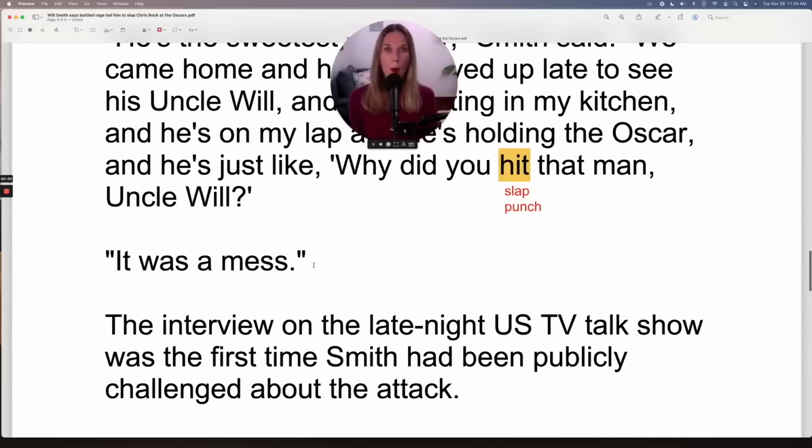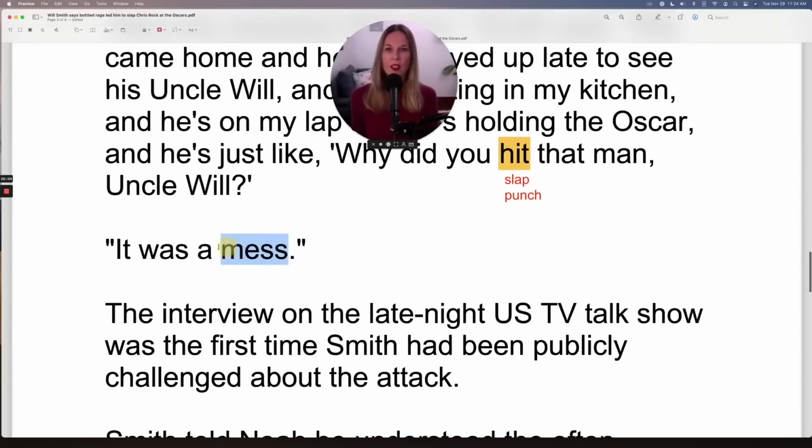It was a mess. So to describe something as a mess, this is a negative. Imagine your room. You might know this from a room in your house. Your kitchen is a mess. There's things everywhere. It's the opposite of clean. So we use this to describe a situation that is the opposite of an ideal situation.